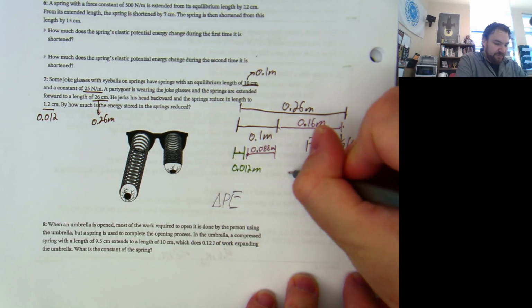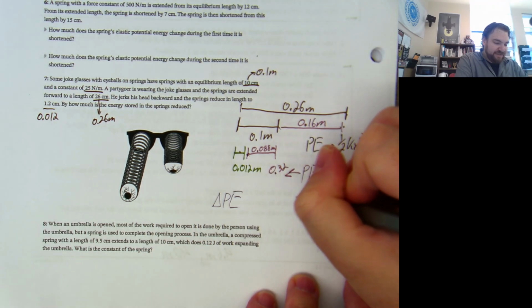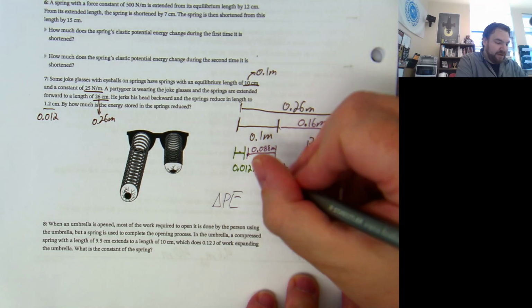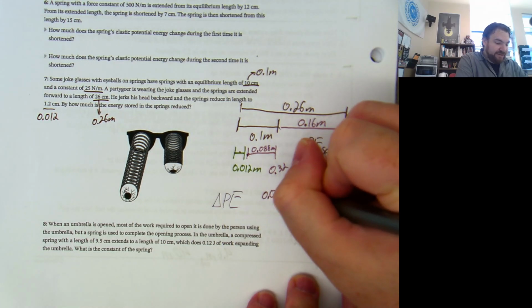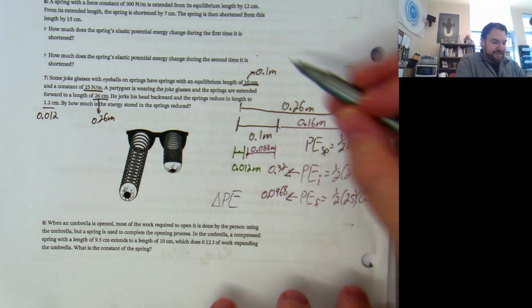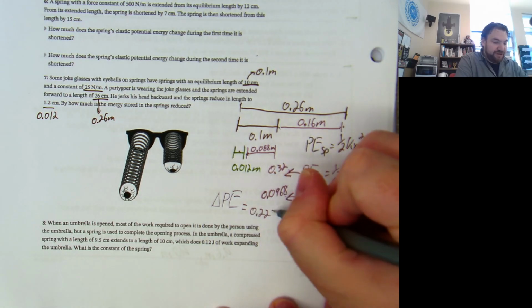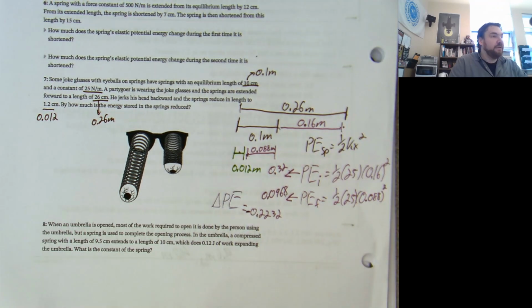This value is 0.32. This value, if you punch in your calculator, should be 0.0968. And so if you subtract these things, you're going to find that the change in the potential energy, or it's reduced by 0.2232. And that should be negative joules.